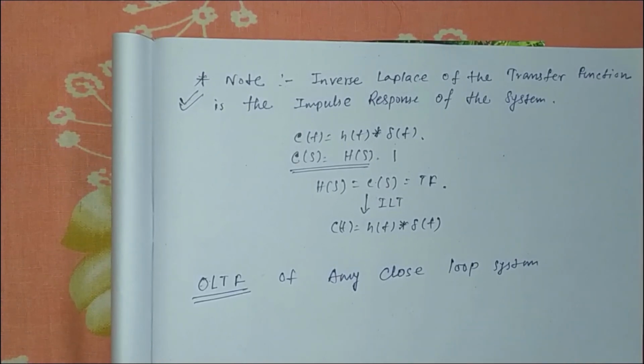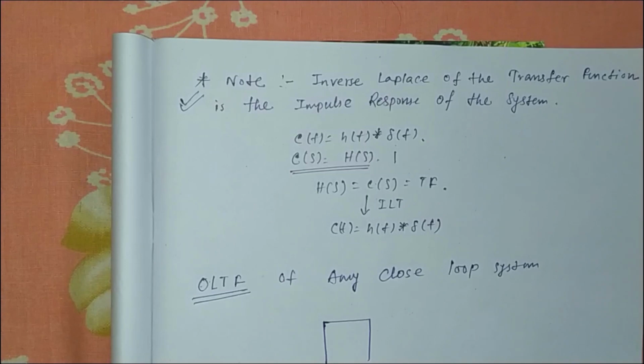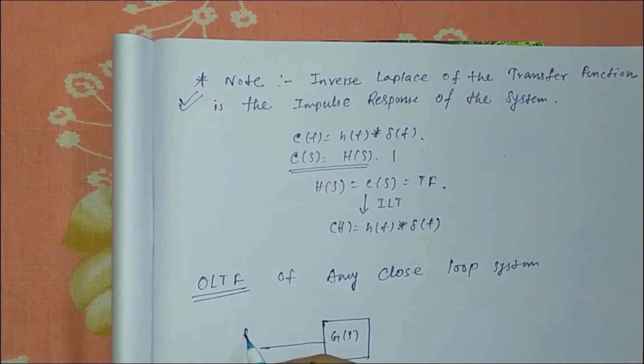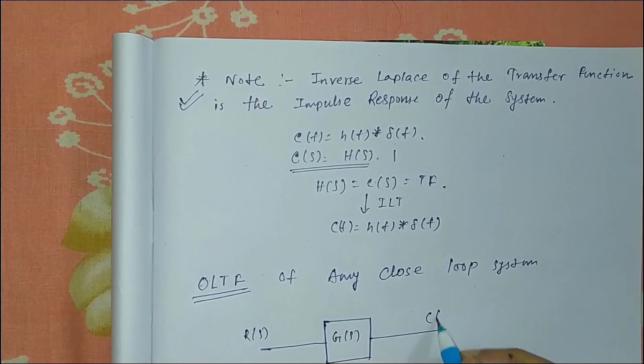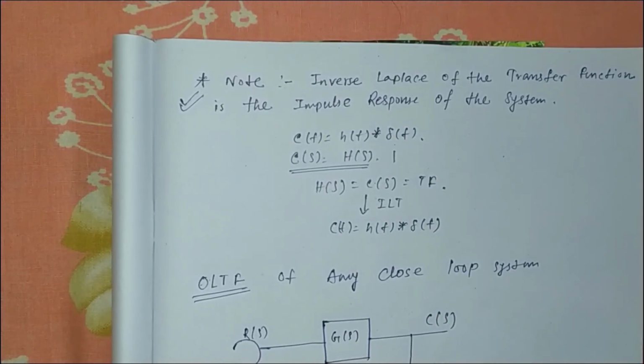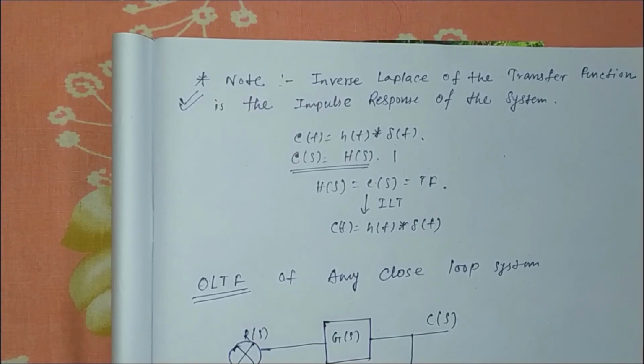What this actually means is I have the system G(s), I have the feedback path gain H(s), I have the input R(s), and the output C(s), and this feedback is actually not connected.